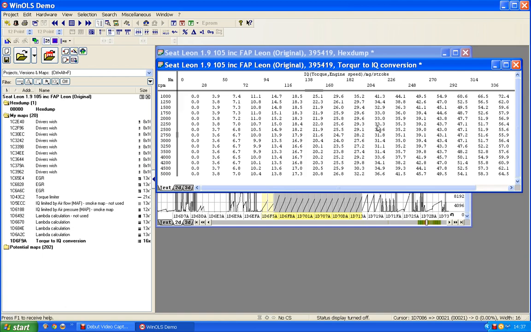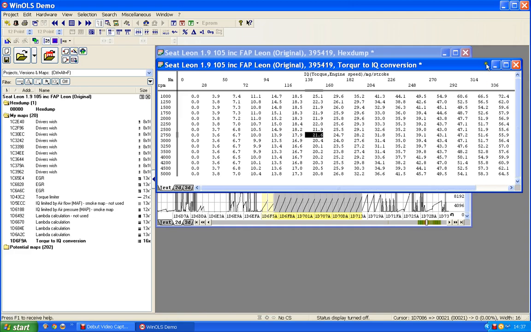So we just go from torque to injection quantity. Right, that's probably all you need to know. You just need to know that there will always be one of these in the EDC16 ECU files because they are based on torque rather than injection quantity, so there must be a conversion map somewhere in the file to allow for conversion.